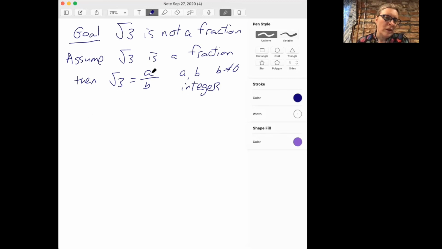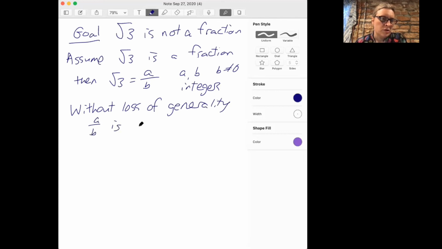There are a lot of different ways to write down the same fraction. For example, 1/2 is the same as 2/4, is the same as 3/6. And so we say without loss of generality, we can write a over b in lowest terms.